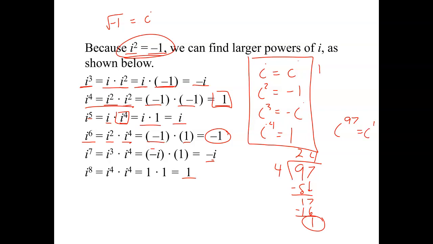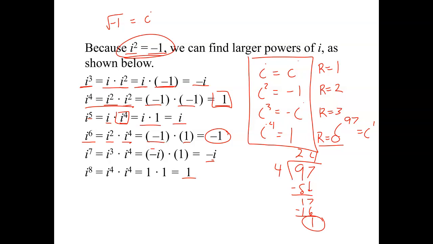So you can have a remainder of 1, a remainder of 2, a remainder of 3, or no remainder. Because if there's no remainder, that means it goes in evenly, and that's going to be our 4th power.